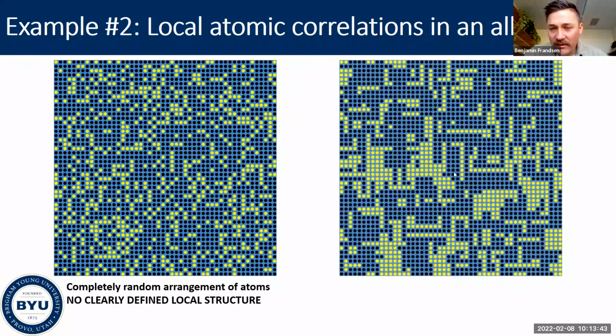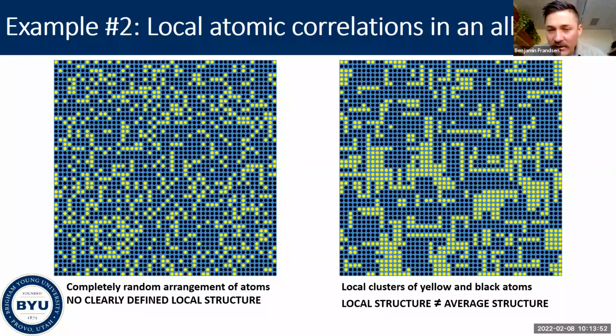Now take a look at this version of the alloy. It's the same number of atoms, 50% black, 50% yellow, but now there's very clearly a preference for like atoms to cluster, yellow with yellow, black with black, okay? And so now the local structure actually is not completely random.